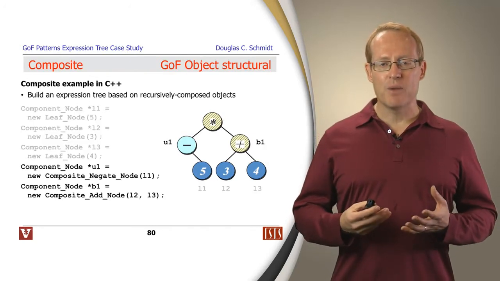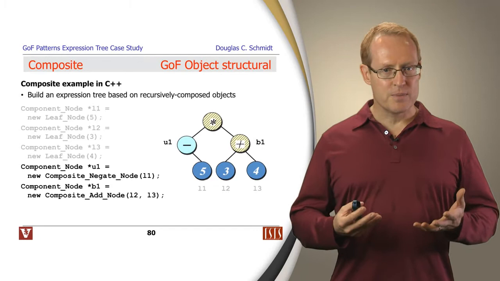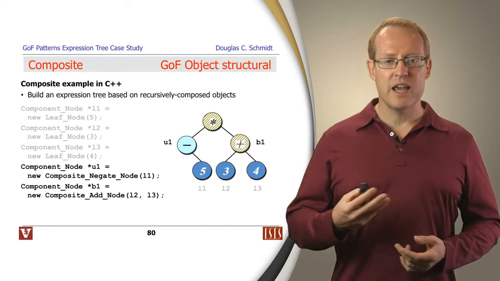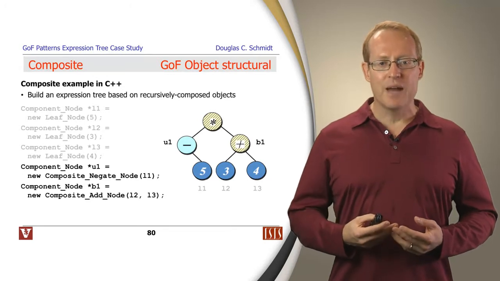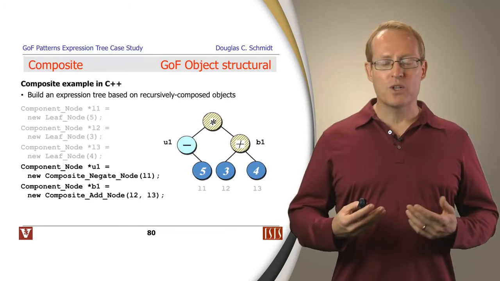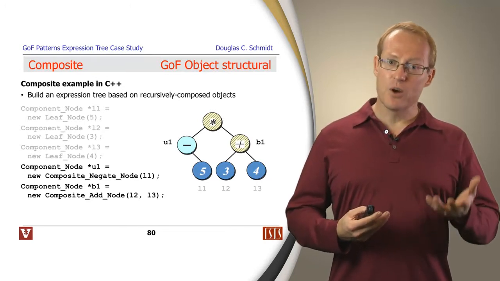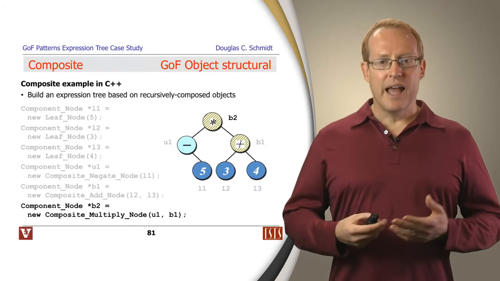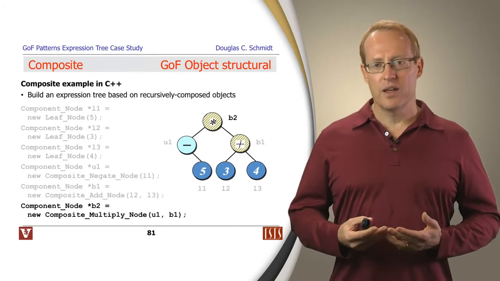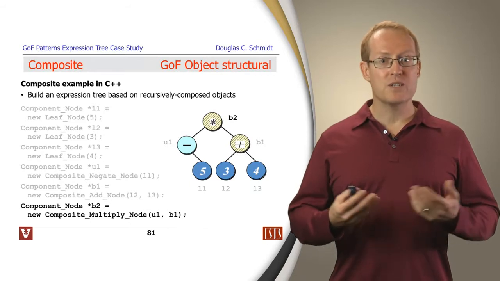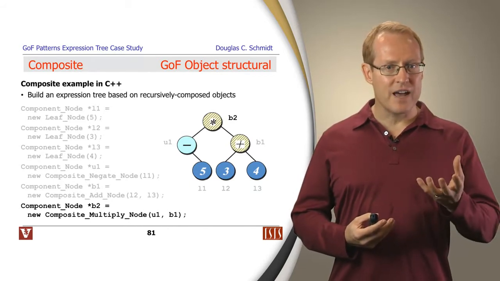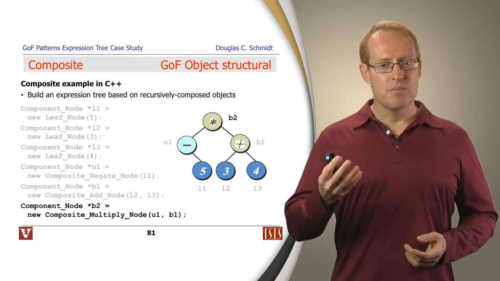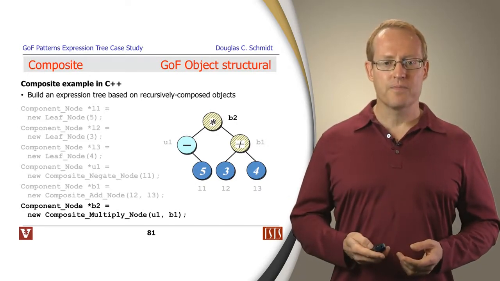And then we build 2 more types of component nodes. In this case, we have a composite negate node, which is going to negate 5, and a composite add node, which adds together the leaf nodes for 3 and 4. And then finally, we end up with another component node, which is a composite multiply node, which is going to contain the -5 subtree and the 3 plus 4 subtree.